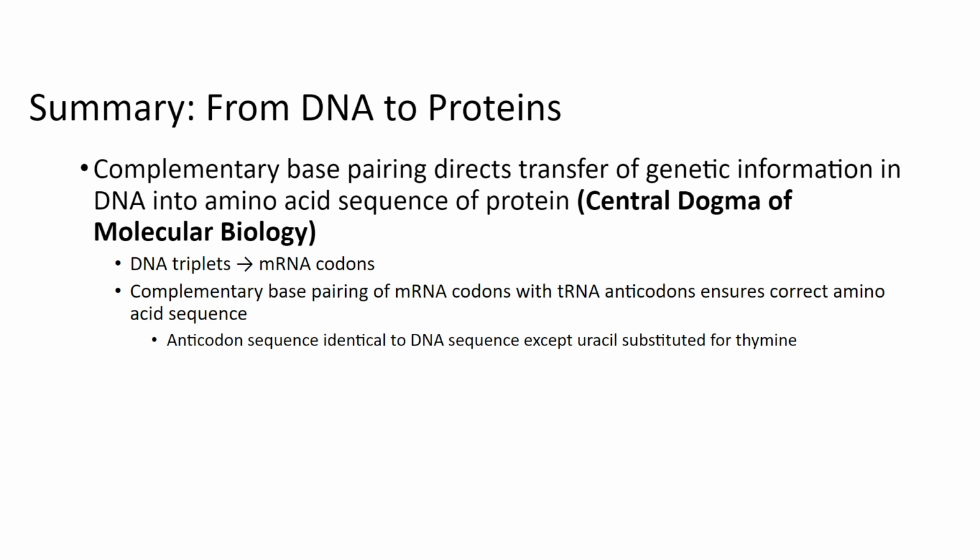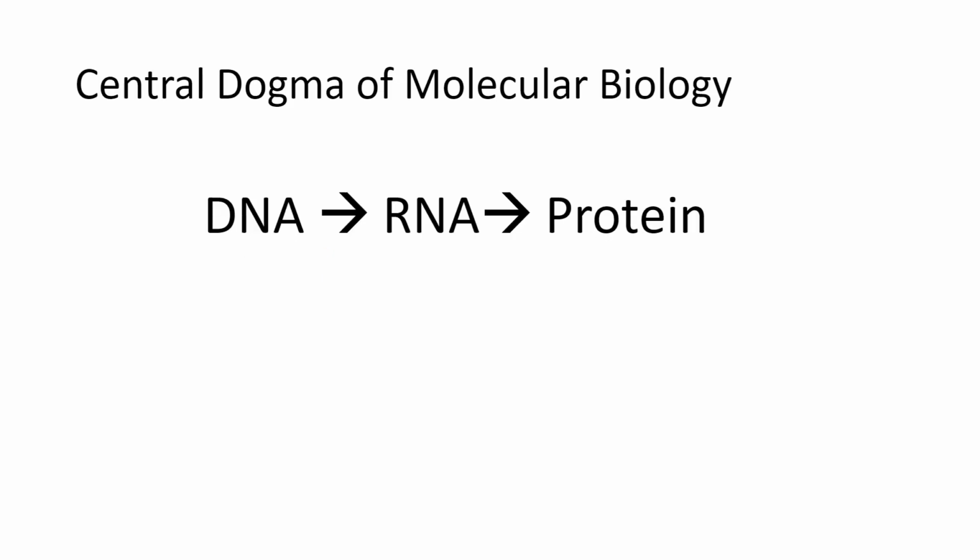So the idea of DNA to RNA to proteins, this pathway is the central dogma of molecular biology. Turning DNA into RNA is transcription, and turning RNA into proteins is called translation.